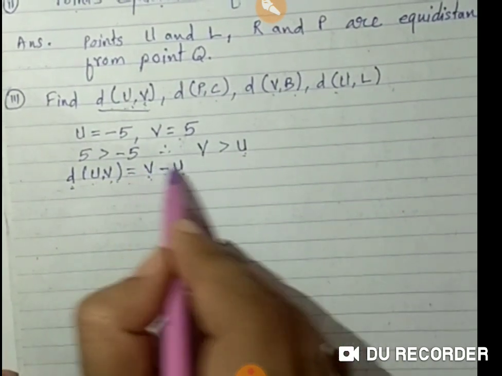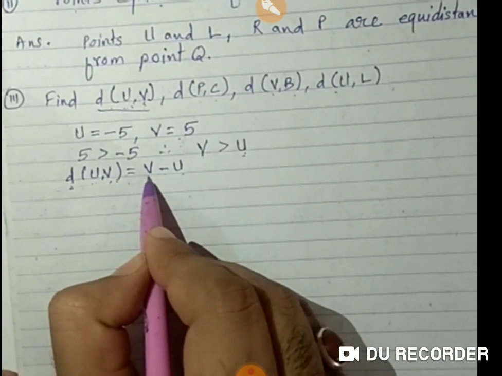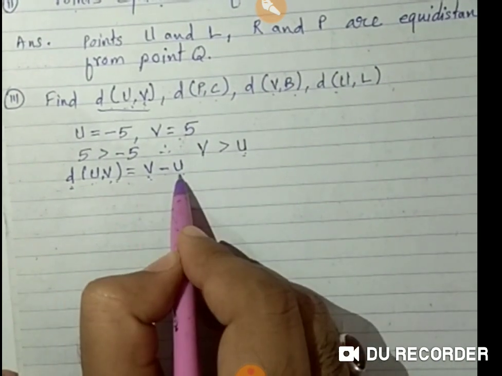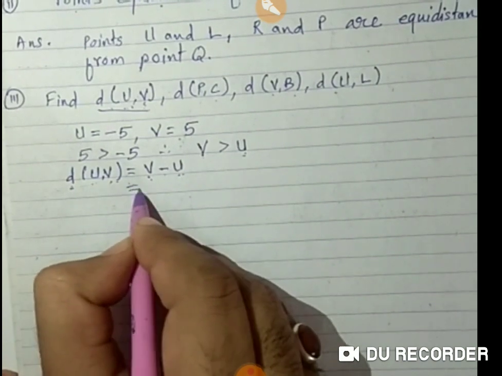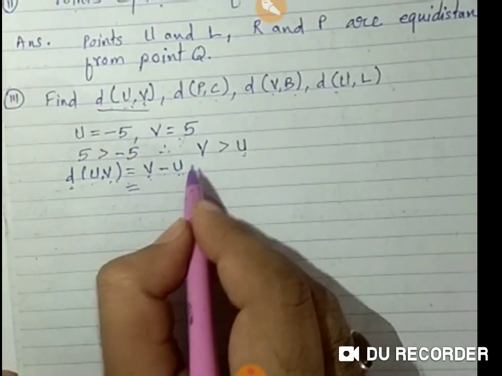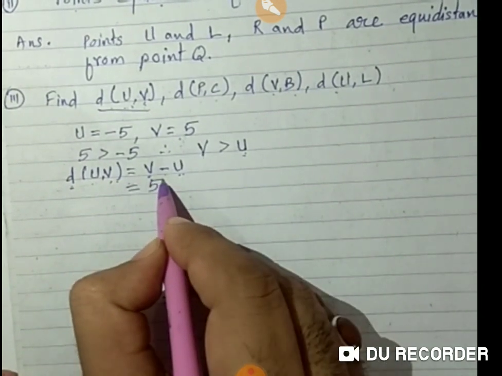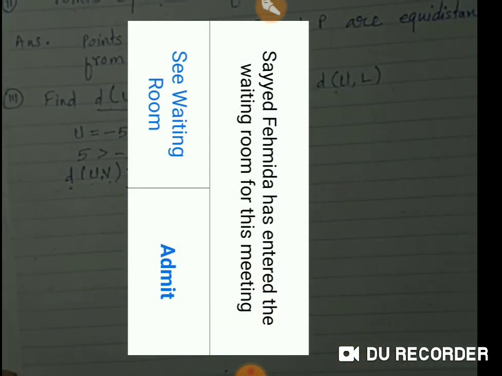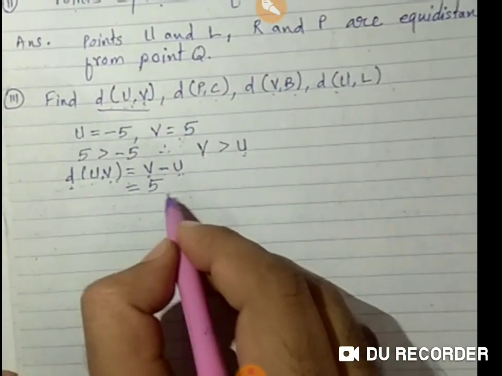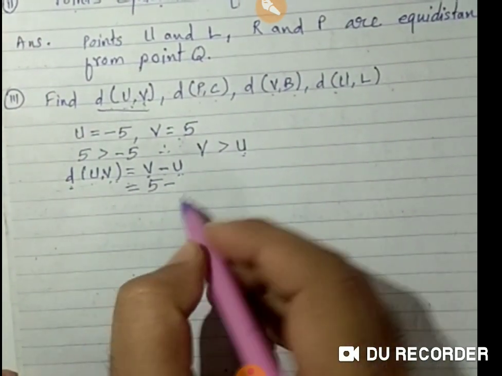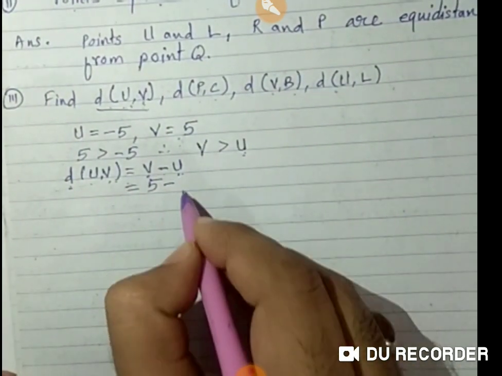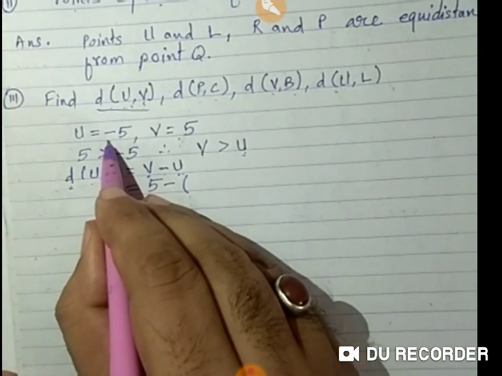Why V minus U? Because coordinate of V is greater than coordinate of U. So here coordinate of V is 5, so I'll write 5. Then we have minus sign. Then we have U, and coordinate of U is -5.